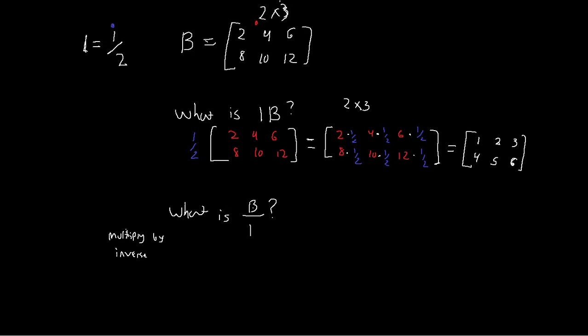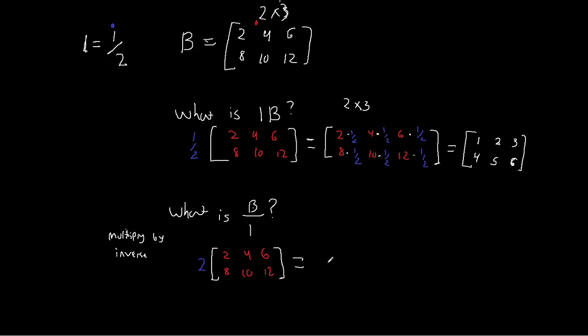So now we're going to multiply by the inverse. The inverse of our scalar is going to be 2, and our matrix is going to be the same: 2, 4, 6, 8, 10, 12. Our matrix did not change.